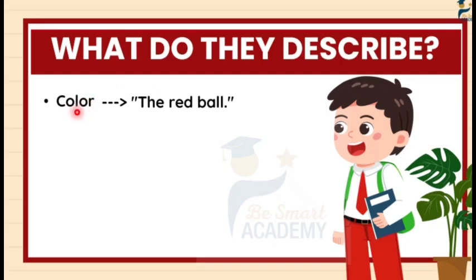Now let's take another thing which the adjective describes. It can also describe a size. For example, the tiny mouse. Where is the noun here? It is the word mouse. What is the descriptive word? It is the word tiny. So tiny is an adjective, because it is describing the size of the mouse.